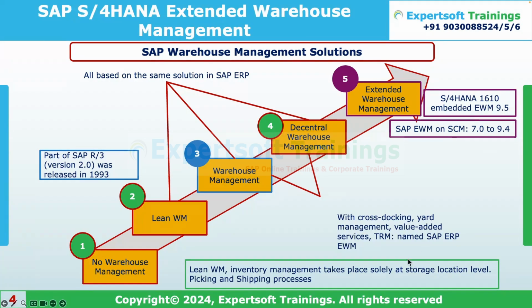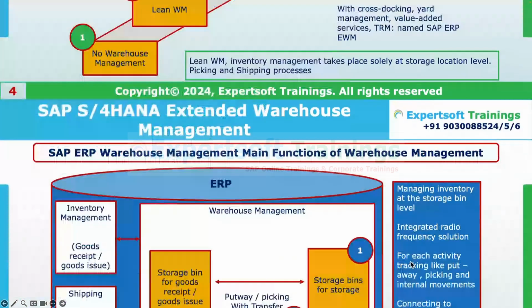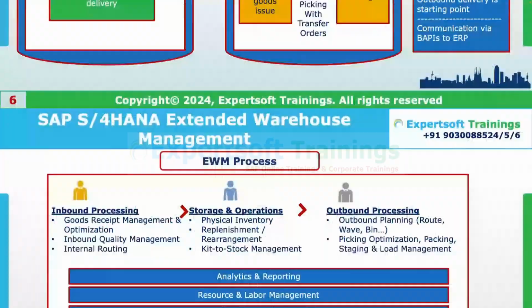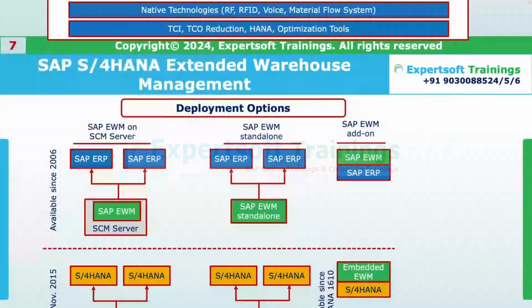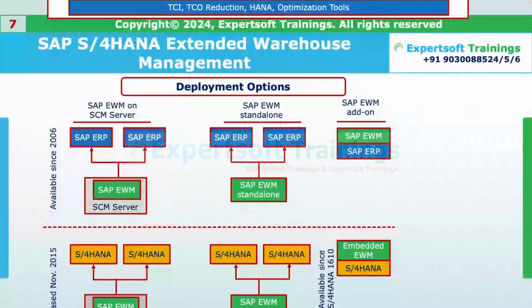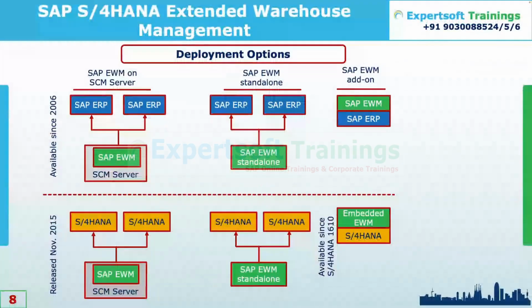Maybe your customer is on S4 HANA, or on an ERP system. So how am I going to deploy my EWM solution? Now it depends upon what the mainframe ERP is. Is it ECC, or is it S4 HANA?